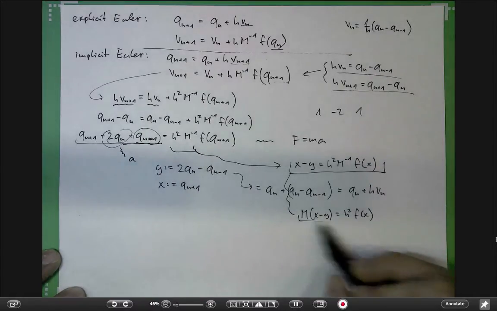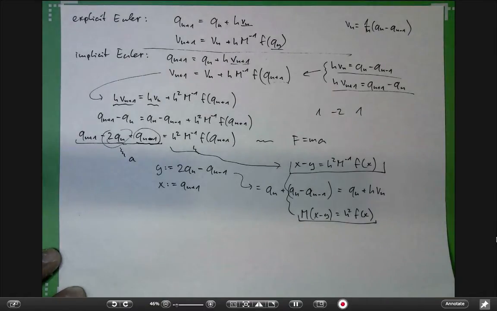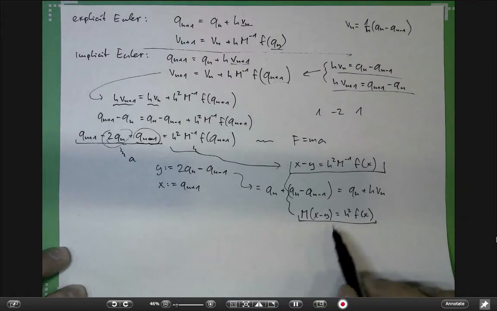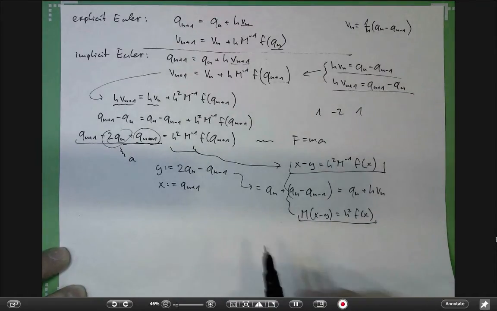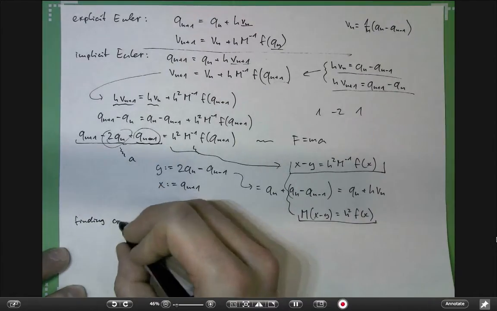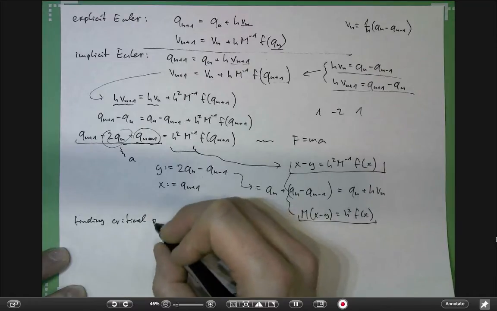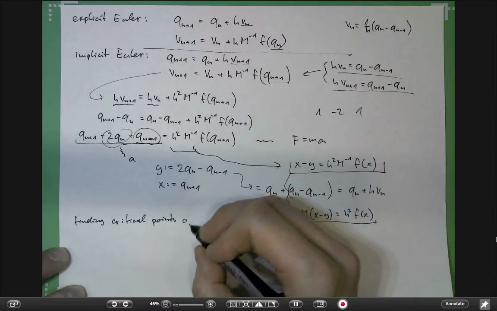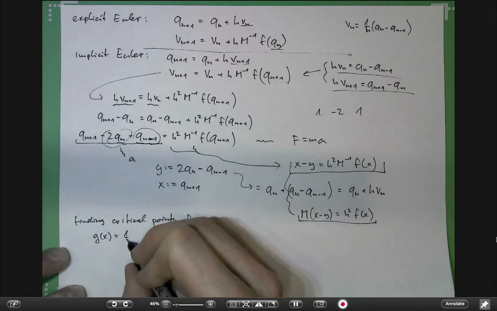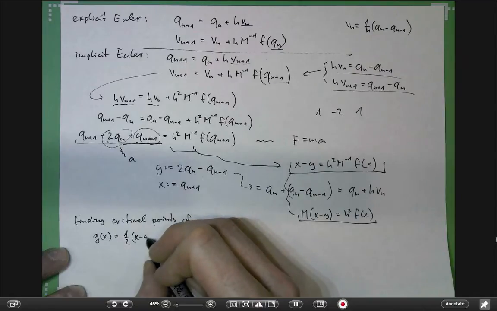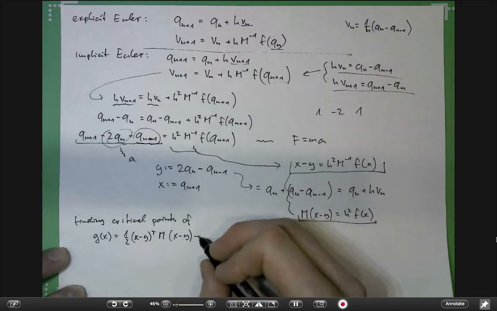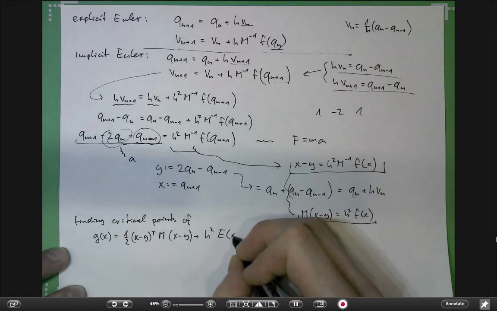So we want to solve this. I think Tintin already said before that solving the system of 3m nonlinear equations is equivalent to finding critical points of the following function, function g of x, which is 1/2 of x minus y transpose M, x minus y, plus h squared E of x.